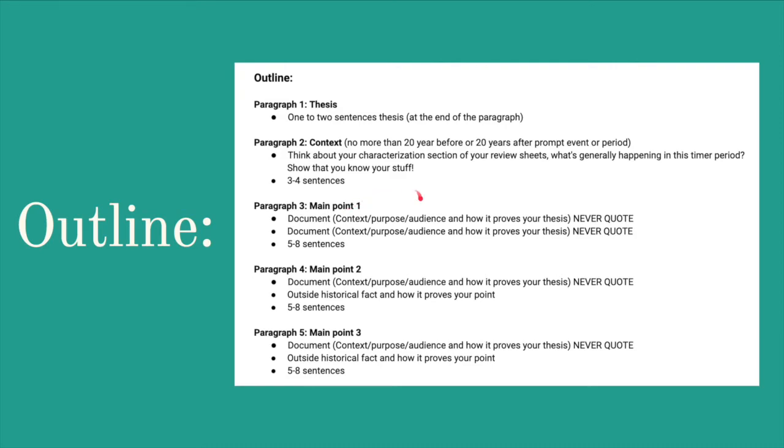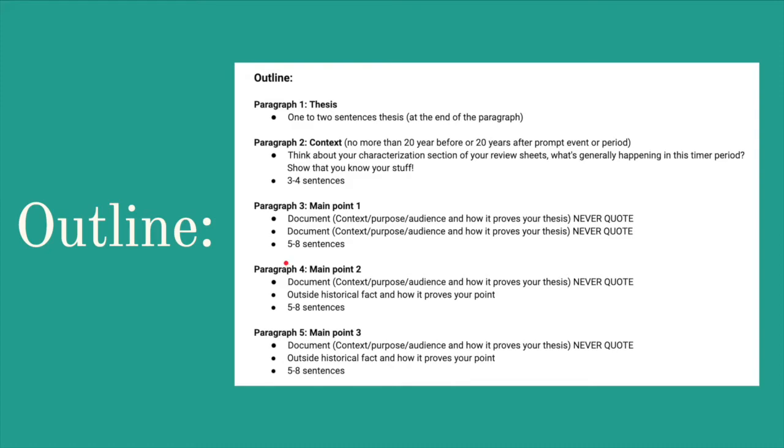And again, make sure you're mentioning the purpose, the audience, all that stuff, and how it proves your thesis. So think topic sentence, paraphrase document, explanation of that document, and then repeat, and then maybe a transition sentence if you're feeling fancy, but that is not essential. So 5 to 8 sentences there.